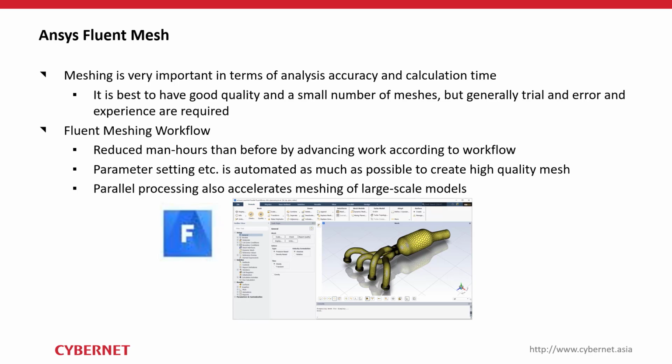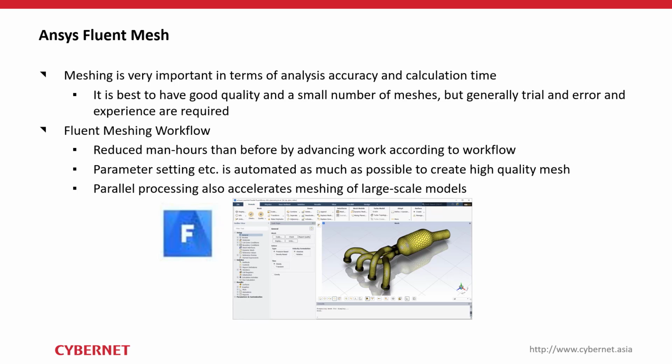This is where Fluent Meshing comes into play, because Fluent Meshing allows for a very simple, very straightforward meshing workflow. This reduces man-hours compared to before by advancing the work according to the workflow. You can just follow the workflow from top to bottom.